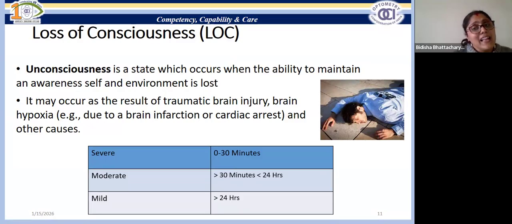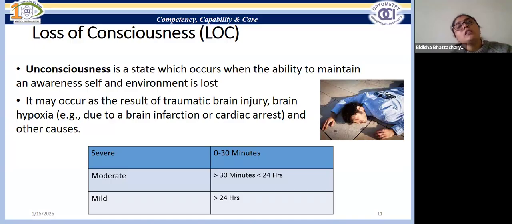If it is less than 30 minutes or within 24 hours, it can be called moderate. But if it is less than 1 day, like 24 hours, it is mild loss of consciousness. Approximately 15% of traumatic brain injury patients are considered moderate to severe, with most individuals left with significant changes in physical, cognitive, and affective functioning.